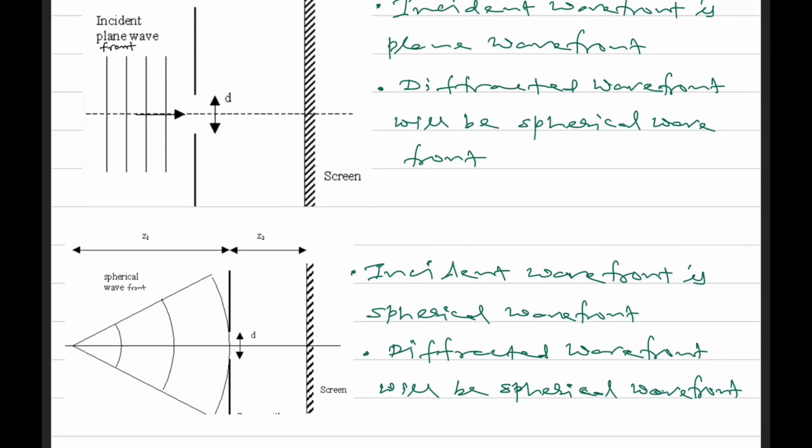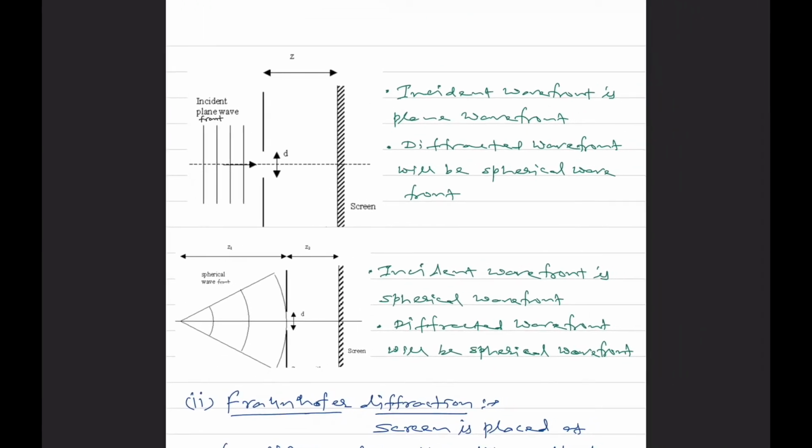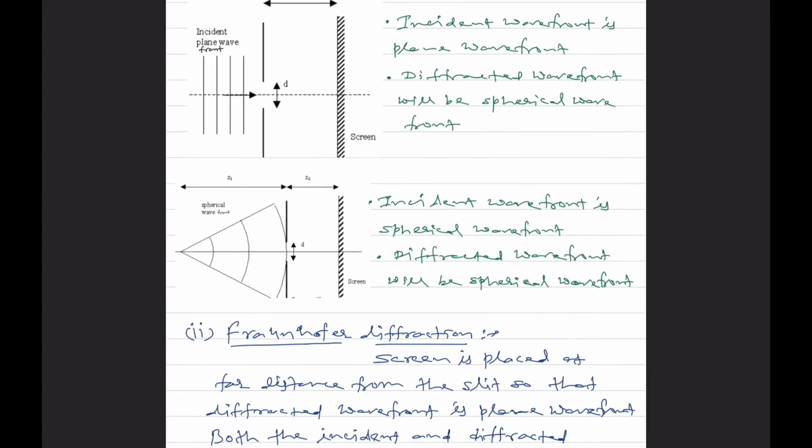The slit is again very close to the screen, so the diffracted wavefront will be spherical wavefront here. So when we talk about Fresnel diffraction, the major aspect to keep in mind is that in the arrangement for Fresnel diffraction, the screen should be close to the plane of the slit.